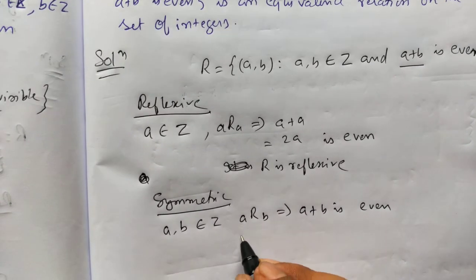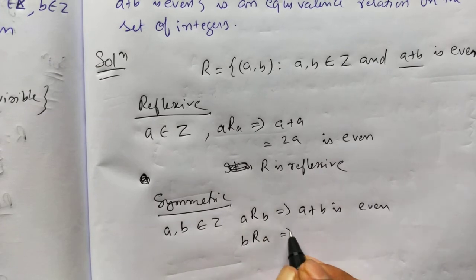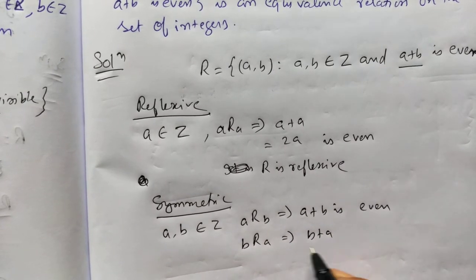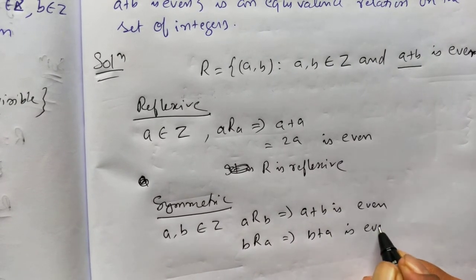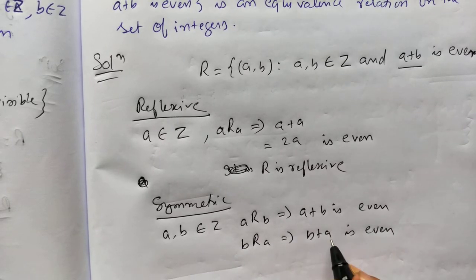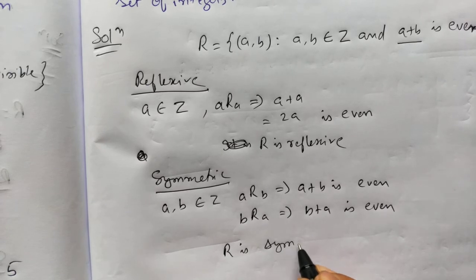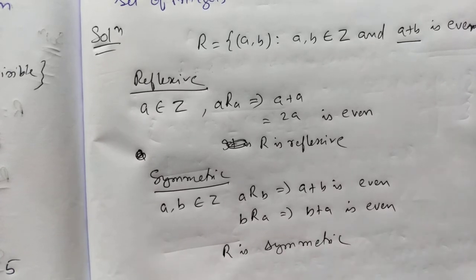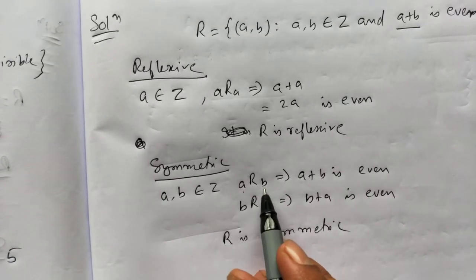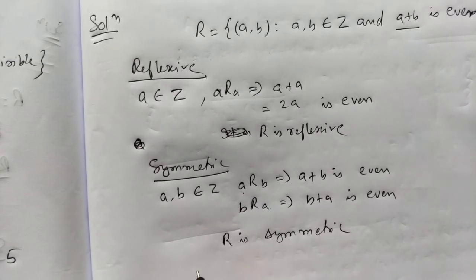So what about B related to A? B plus A I'm getting. This also will be even. If A plus B is even, B plus A also will be even. That means R is symmetric. A plus B is satisfying B plus A also.